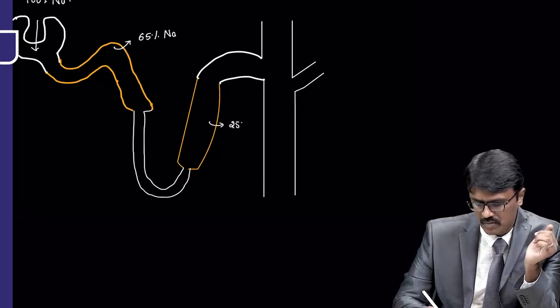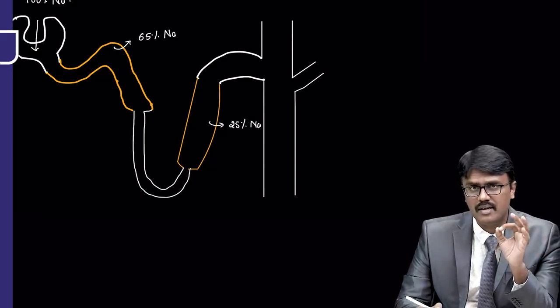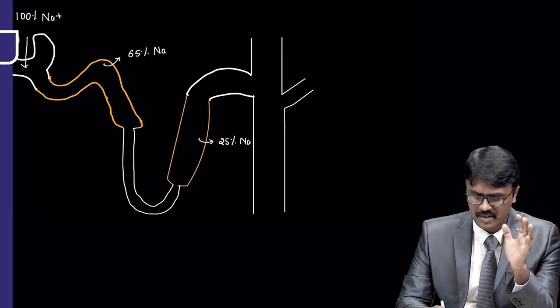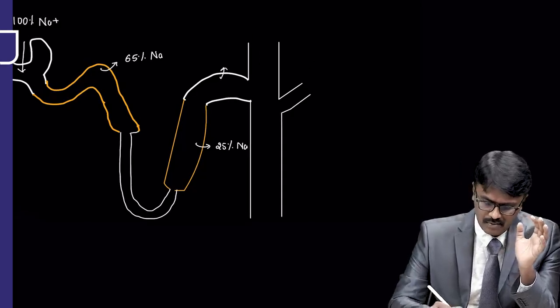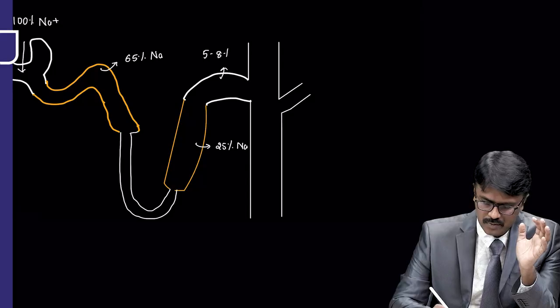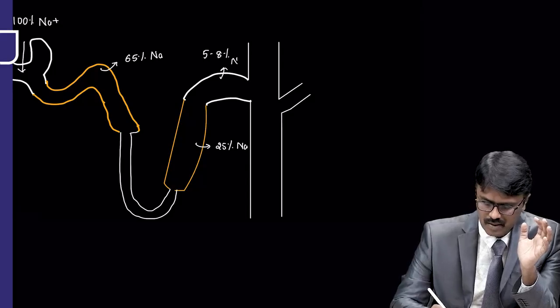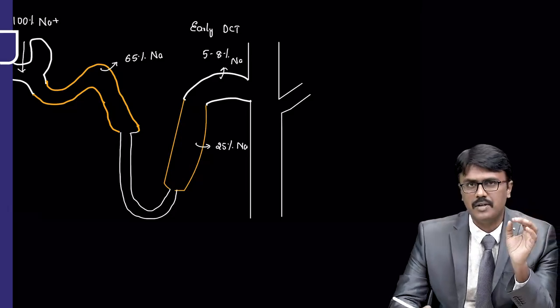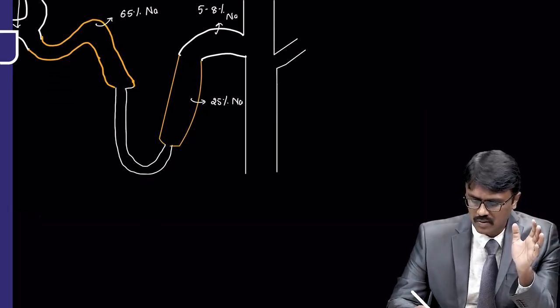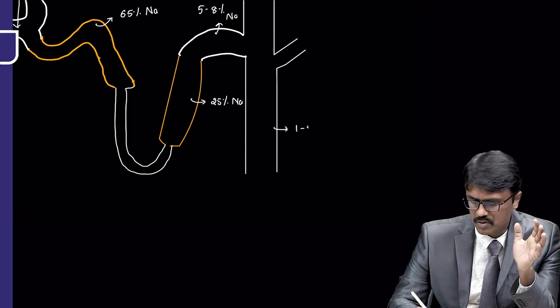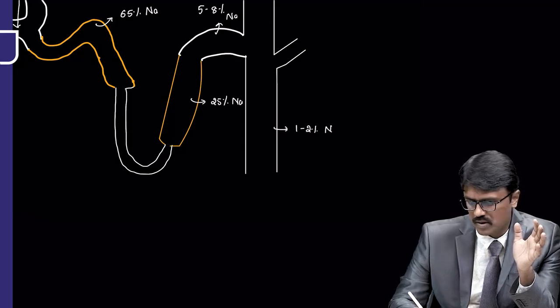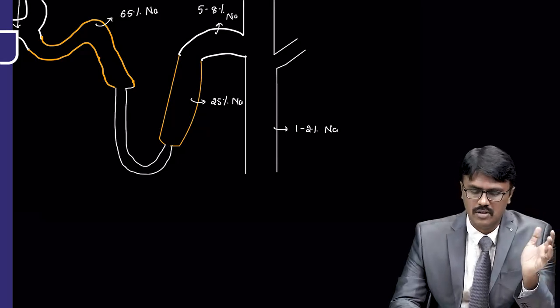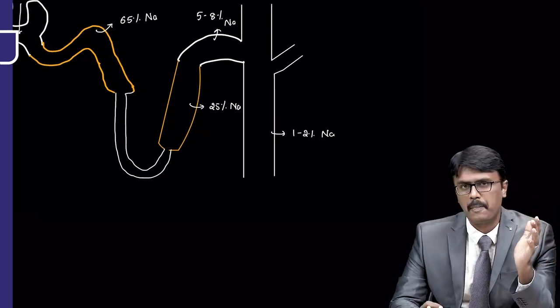25% of sodium is reabsorbed in, remember the site, the thick ascending loop of Henle. Around 5 to 8% of sodium is reabsorbed in the early part of the DCT, that is the distal convoluted tubule. And 1 to 2% of sodium is reabsorbed in the collecting duct. So this is the reabsorption pattern.